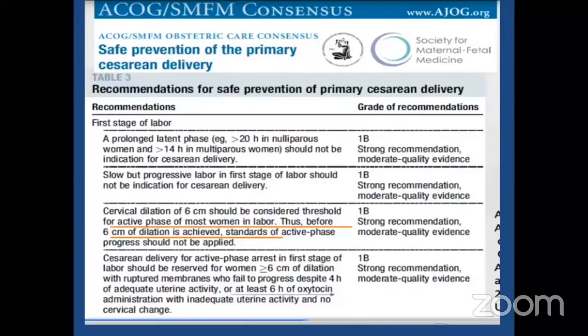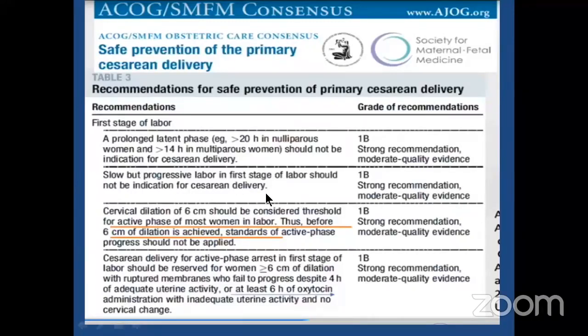And what were the recommendations of this group? They said that prolonged latent phase, and look at this, more than 20 hours in a nulliparous and more than 14 hours in a multiparous should not be an indication for cesarean. Why? Because they found out from studies that that is quite usual, right? And next, slow but progressive labor in the first stage should not be an indication for cesarean.